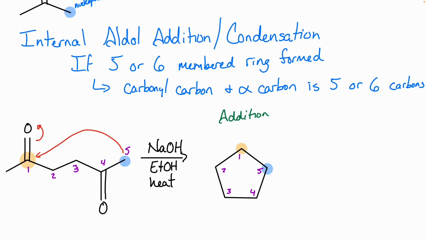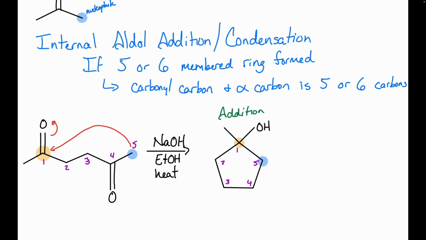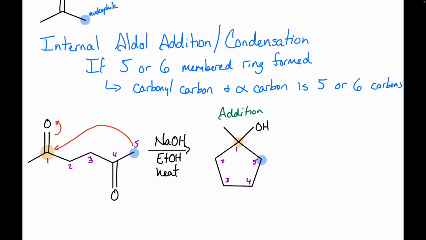My addition product. Carbon 1, since that's my electrophile, still has that methyl group on there, but it also has that OH group. And what else is my ring missing here? The other carbonyl group, yeah, that was on carbon 4.